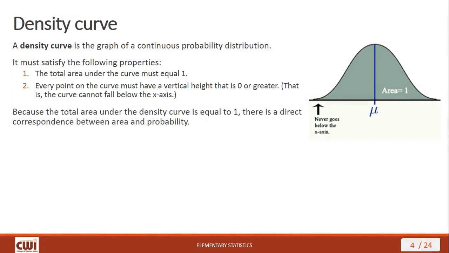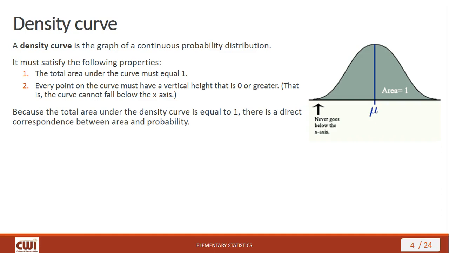First, let's talk about the density curve. A density curve is simply the graph of a continuous probability distribution. It doesn't necessarily need to be bell-shaped like the standard normal distribution. It can have pretty much any shape that a given distribution has. So the density curve is simply what we call the line that we use to graph out the probability distribution.